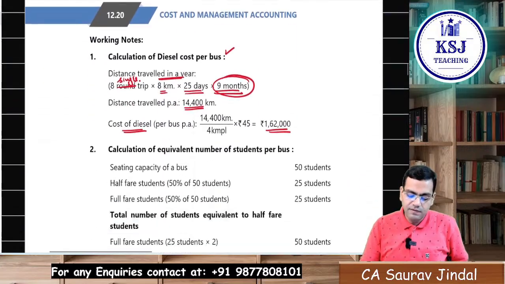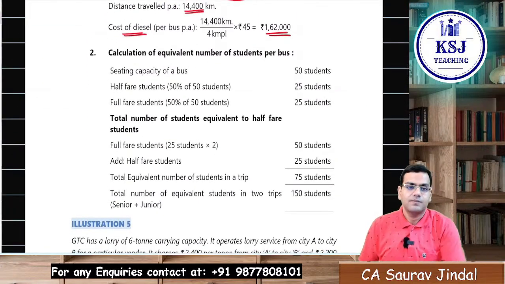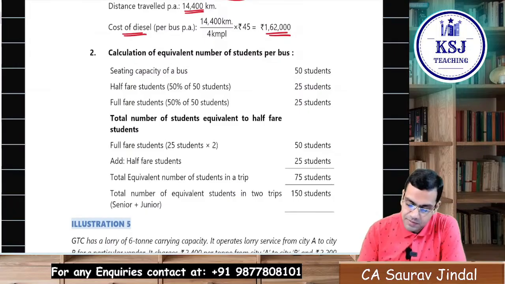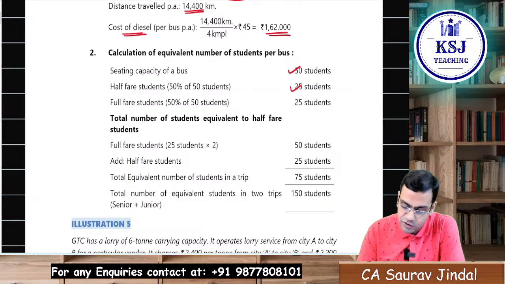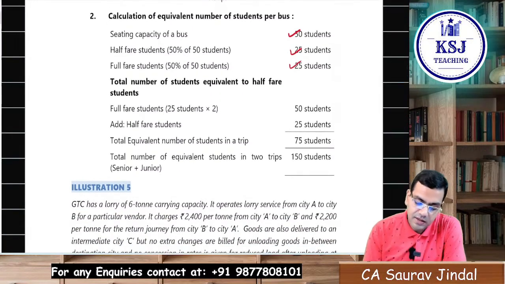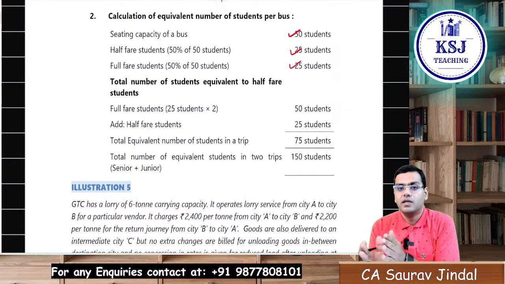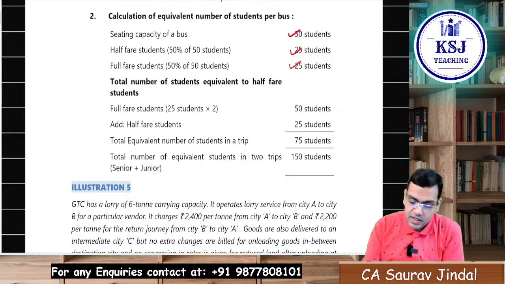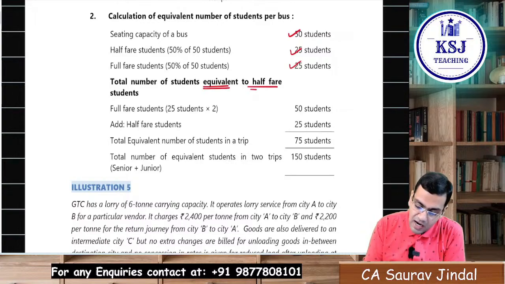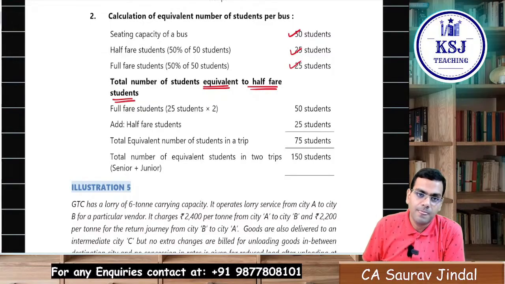What is the equivalent concept here? See, the seating capacity of the bus is 50 students, half fare students are 25 and full fare students are 25 students, right? Now he says, let's convert the full fare students into students equivalent to half fare students.